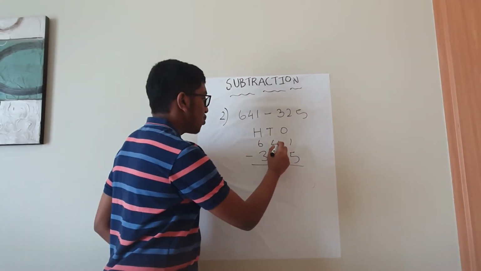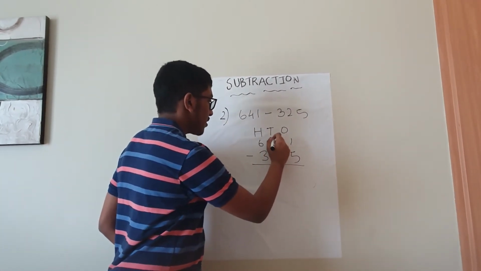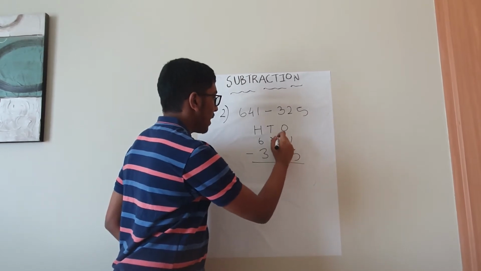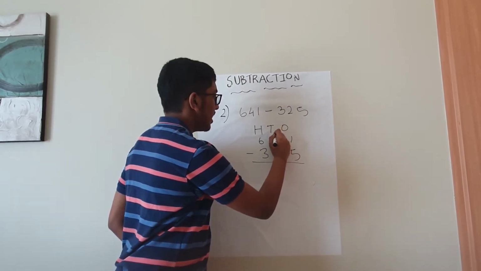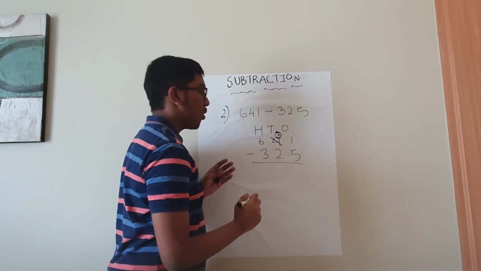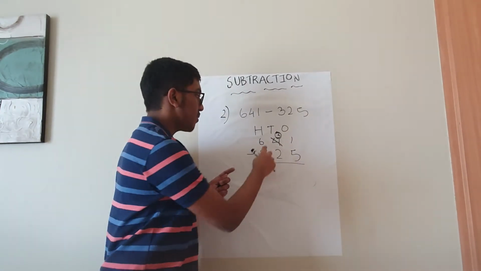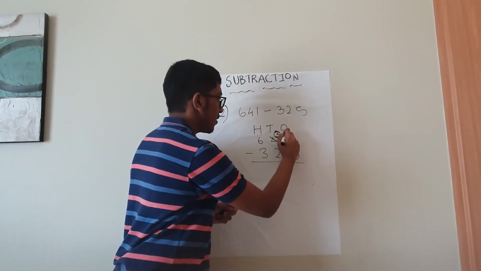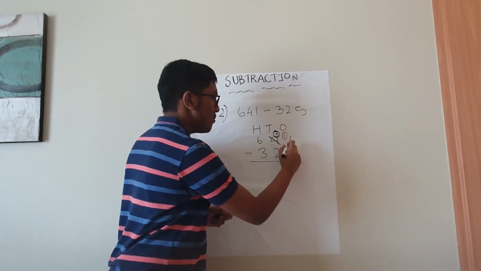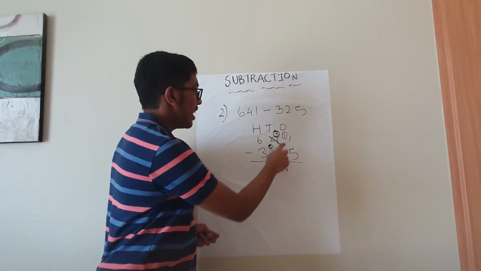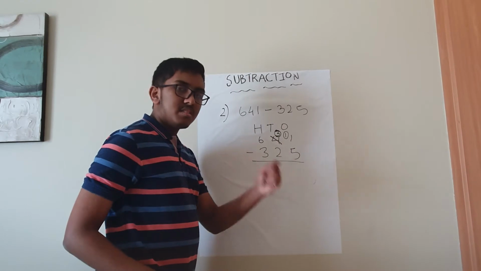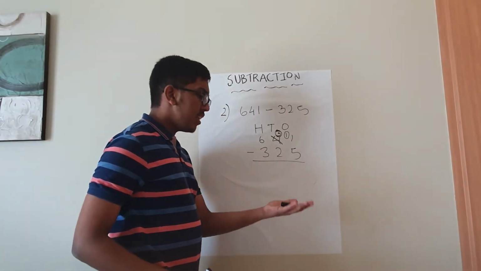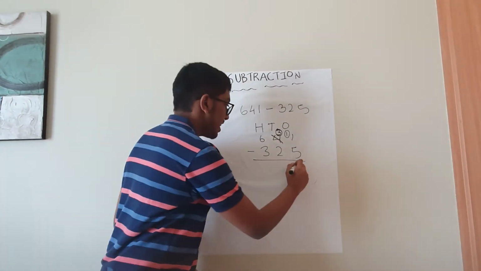So you subtract 1 from 4. So 4 minus 1 is 3. And you borrow that 1 which is subtracted from 4 over here. So this becomes 11. Now 11 minus 5 is 6, 7, 8, 9, 10, 11. 11 minus 5 is 6.